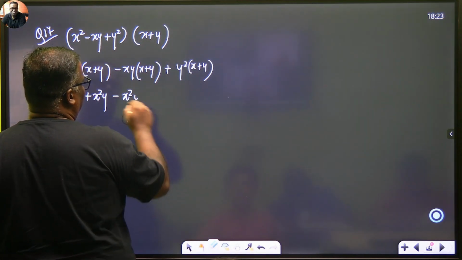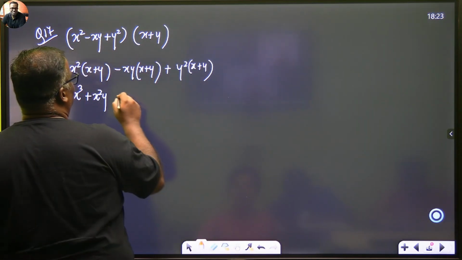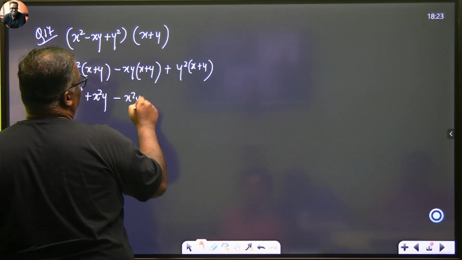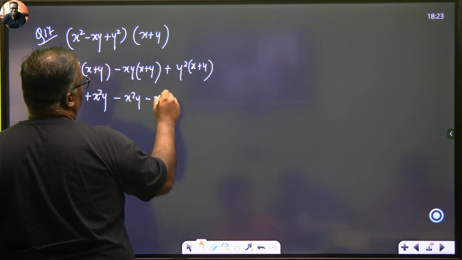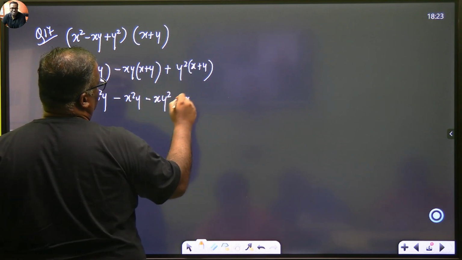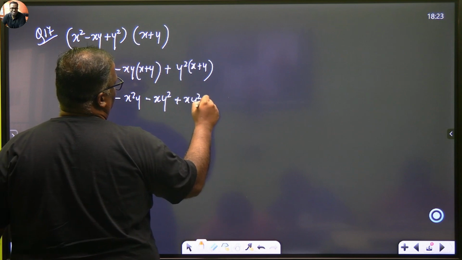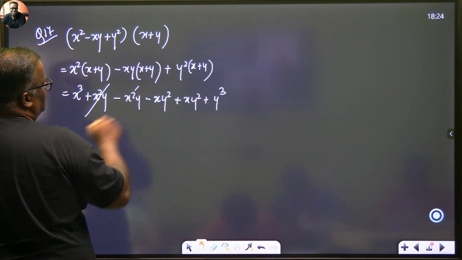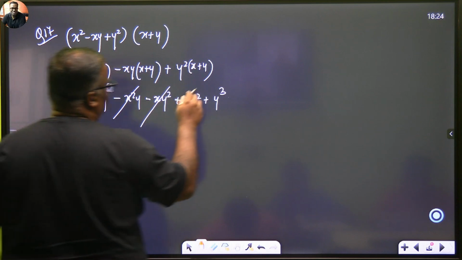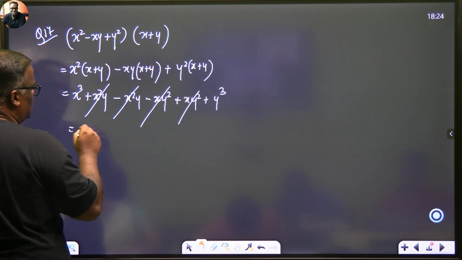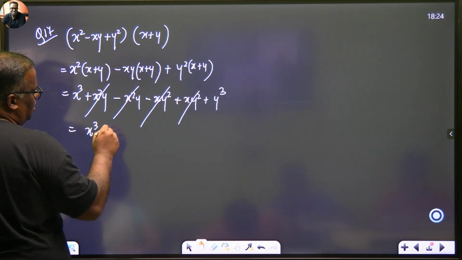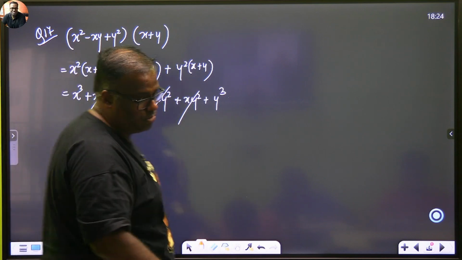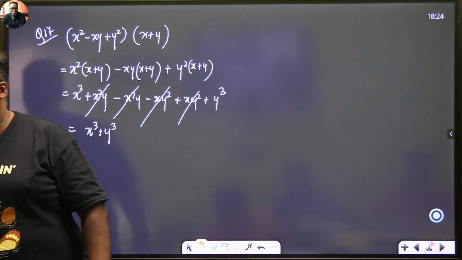One term I wrote less, sorry. So plus x square y minus x square y minus xy square plus xy square. Yes, it's x cube plus y cube. a cube plus b cube, that's a formula actually in grade 8.